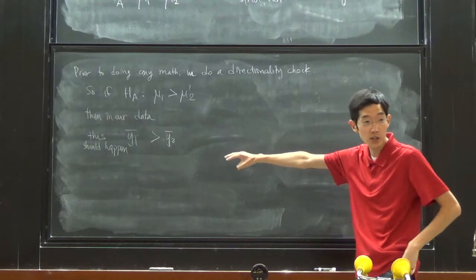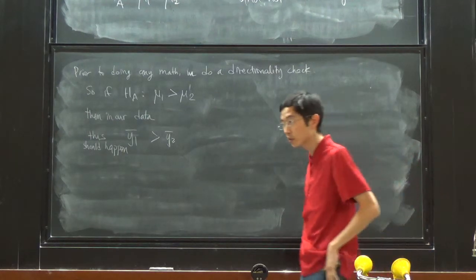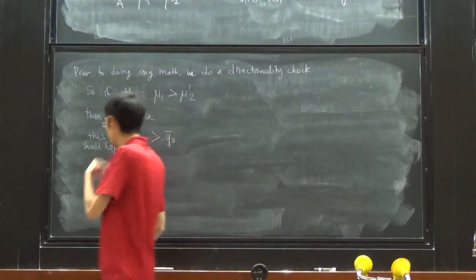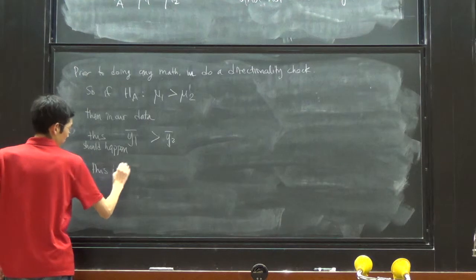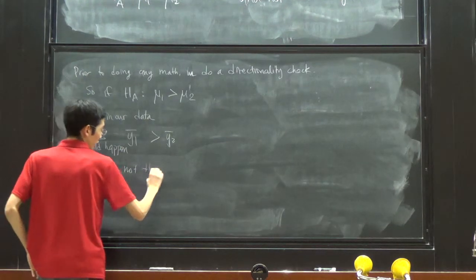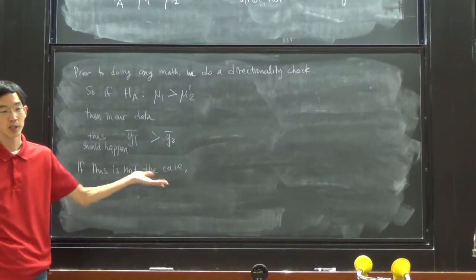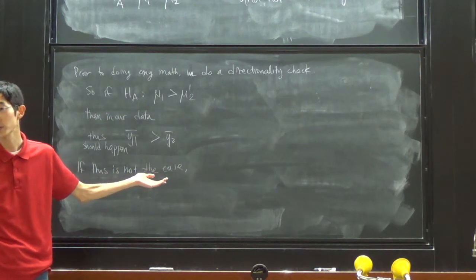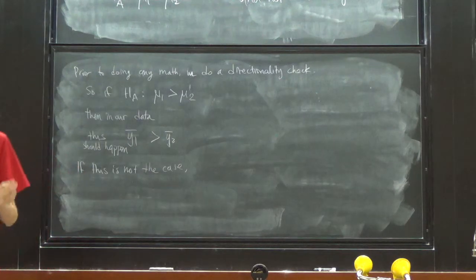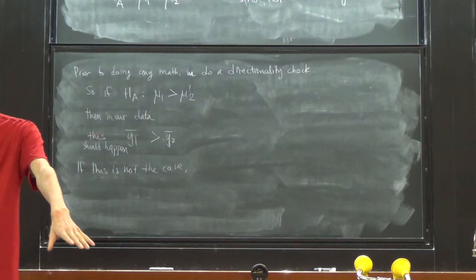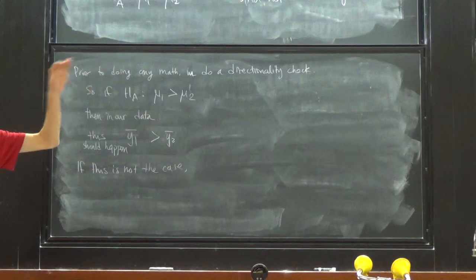If this is not true, then there's no sense in going forward with the test. Our data will provide no evidence to support the alternative. Remember, we're always using our data to see, does it support the alternative or not? Do we have enough to reject the null or not?